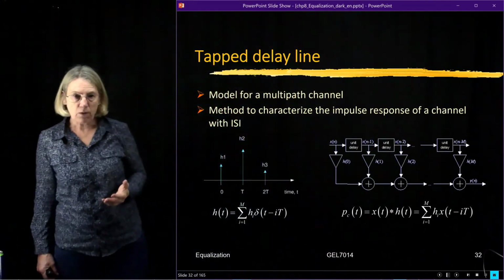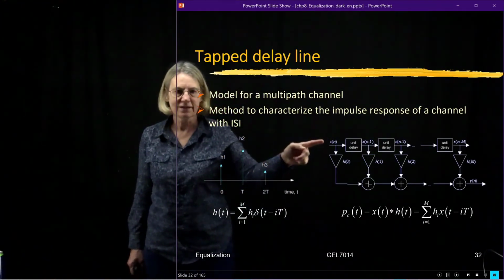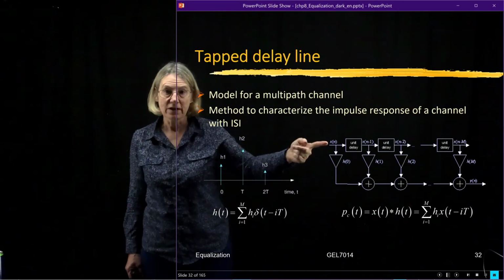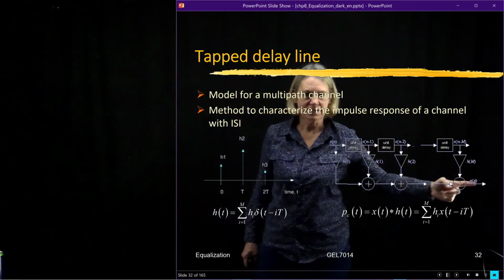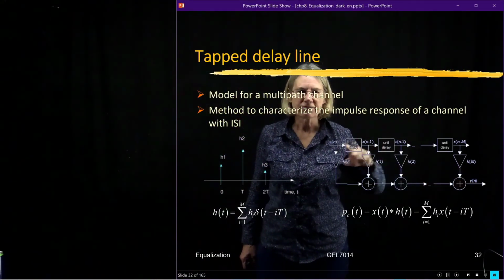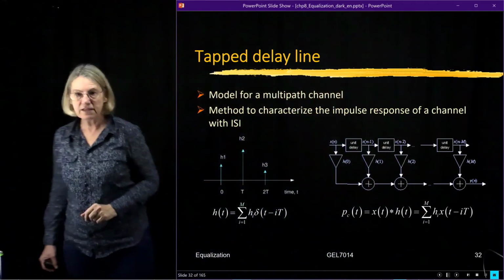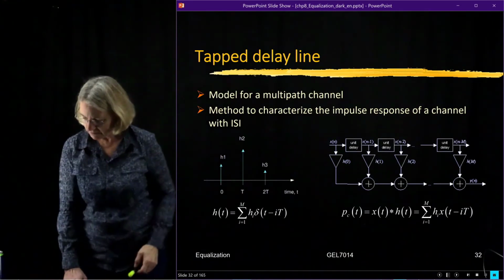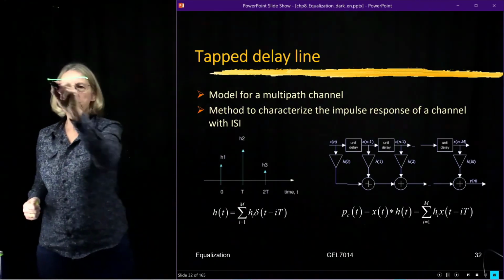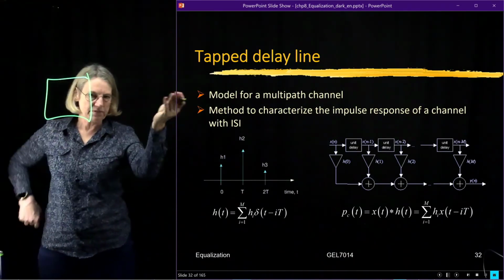Of course, here at the input is the signal at the transmitter, and here is the signal at the receiver after it has passed through this channel. We know the input-output relationship for the channel, which is a tap delay line.